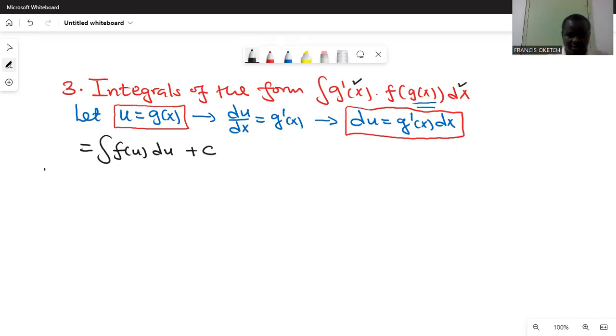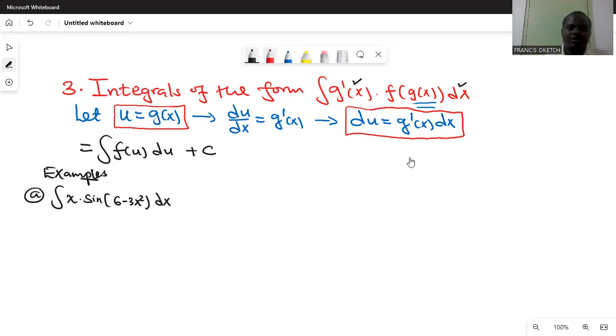Let's look at specific examples. Let's say you've been asked to evaluate the following integrals. In part A, we have the integral of x times sine of 6 minus 3x squared, integrate with respect to x.